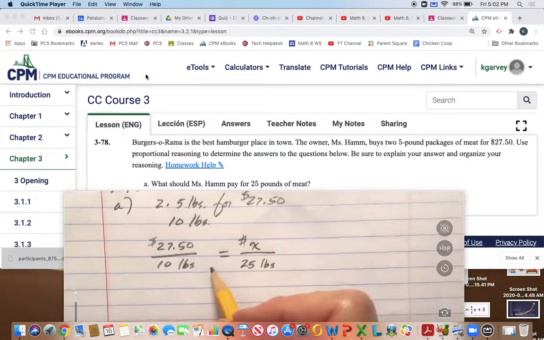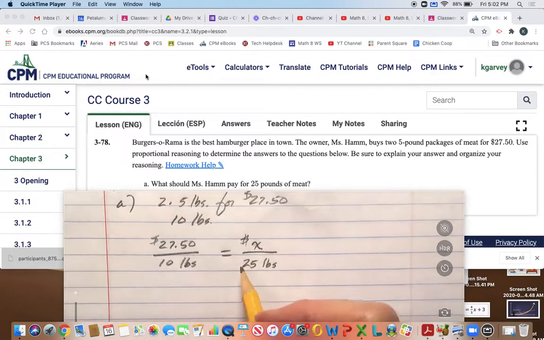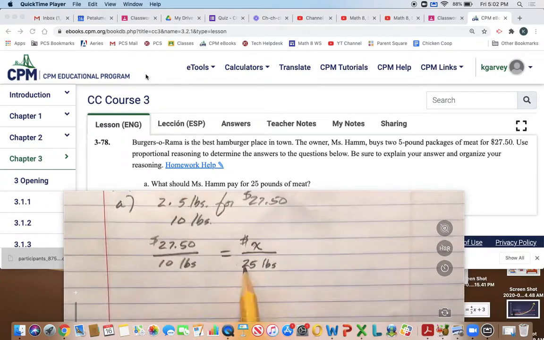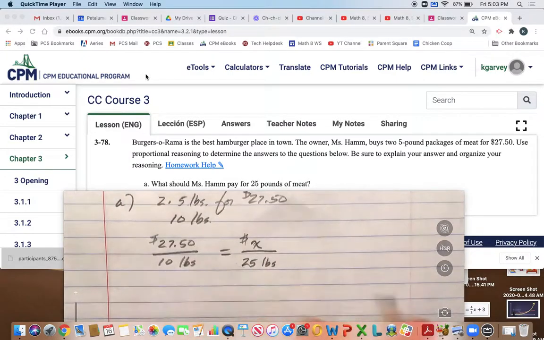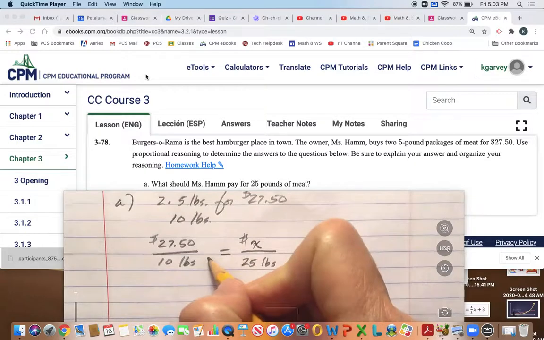All right, so because this is a proportion, we could look at it different ways to solve it. So I could actually create a giant 1 that multiplies 10 by 2.5 to get 25 pounds, and then I would just multiply this by 2.5. But I'm going to show you how to do cross multiplying because that's a much more flexible way of doing it.